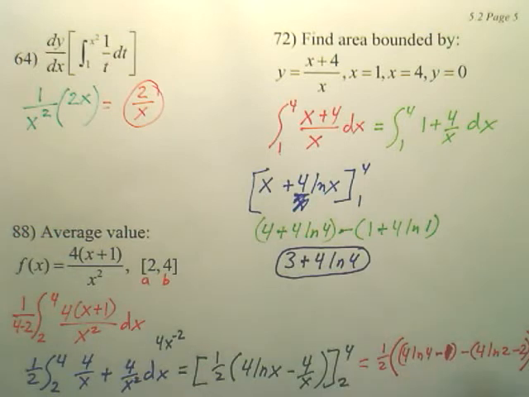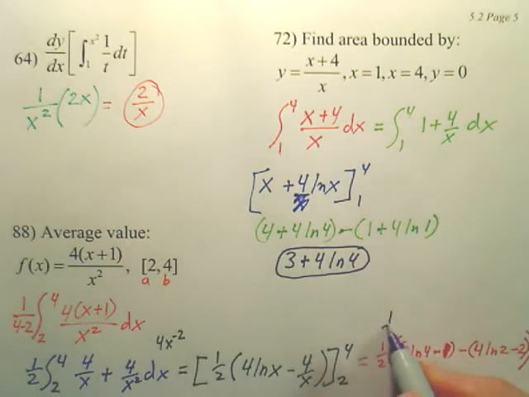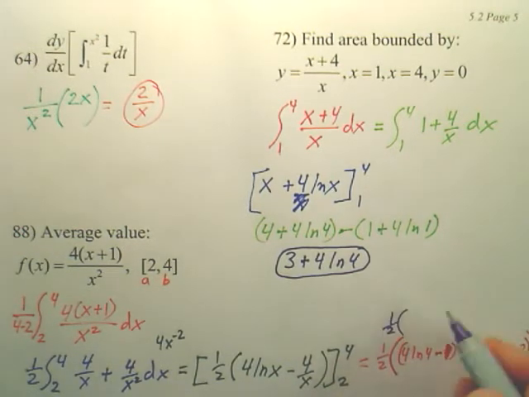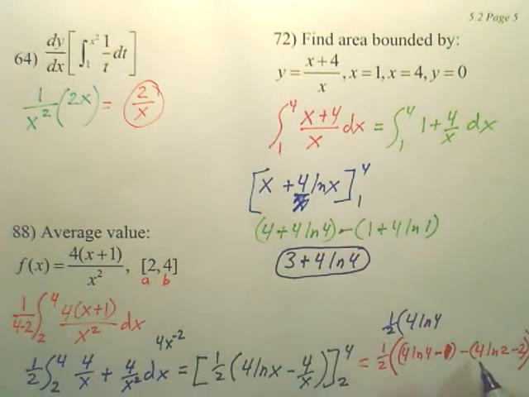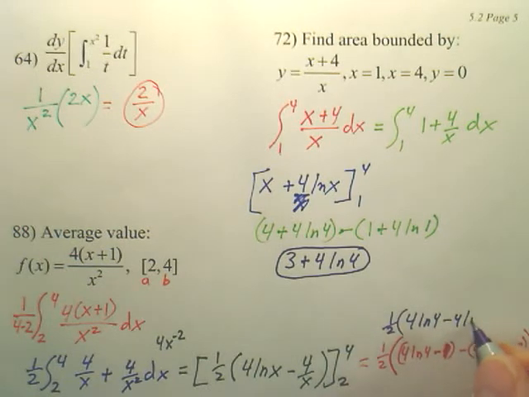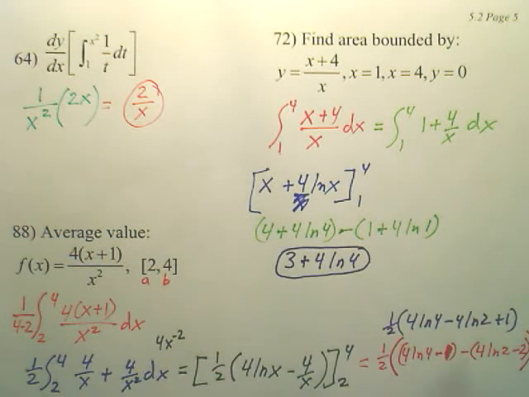you can't really do a lot of simplification here, but if we leave the 1/2 out front, we have the 4 ln 4, and then negative 1 minus a negative 2 becomes plus 1. Okay, so that should be right.